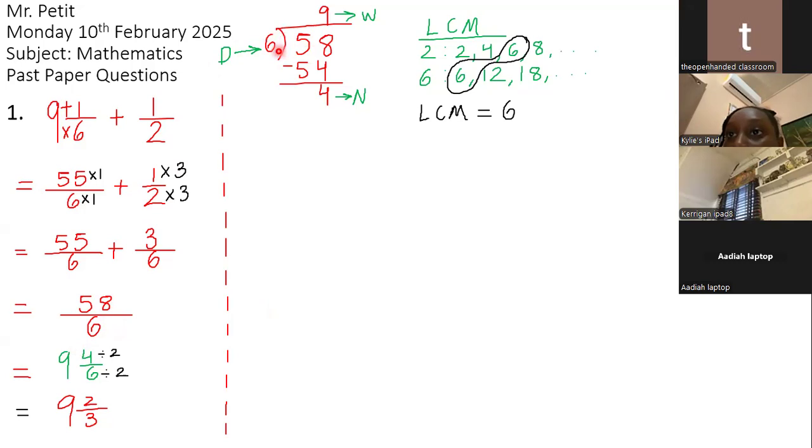And what does that give us? 9 and 4 over 6. Then we have to simplify this fraction. 4 divided by 2 is 2, and 6 divided by 2 is 3. So what's the final answer? 9 and 2 over 3. Very good.